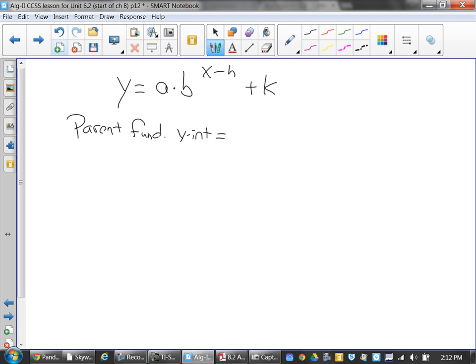Where is it? Is your a value, do you agree on that? Yes. Your parent function's horizontal asymptote is where? 0. Make sure you not just say 0, make sure you say it's at y equals 0.